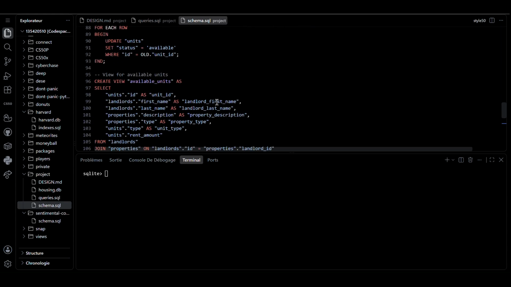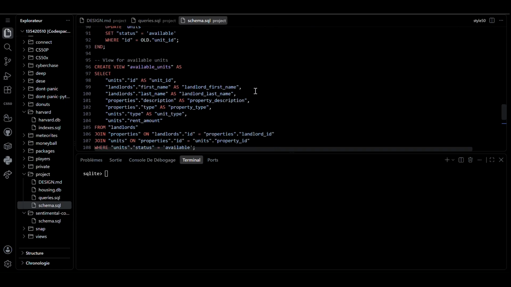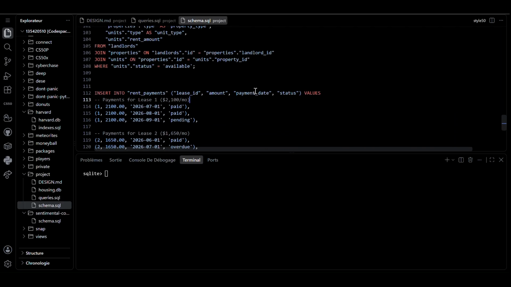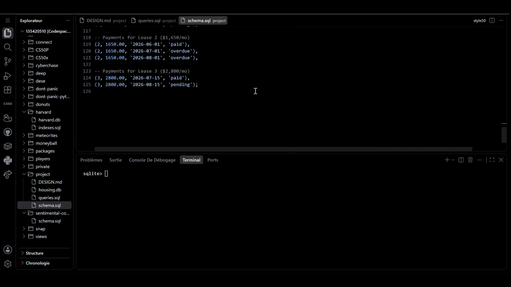And finally, I've implemented one view, which is for me the most important one in the whole process, a view responsible for querying the available units at some time period. I've also added some more roles in order to test those queries and see how effective they are.